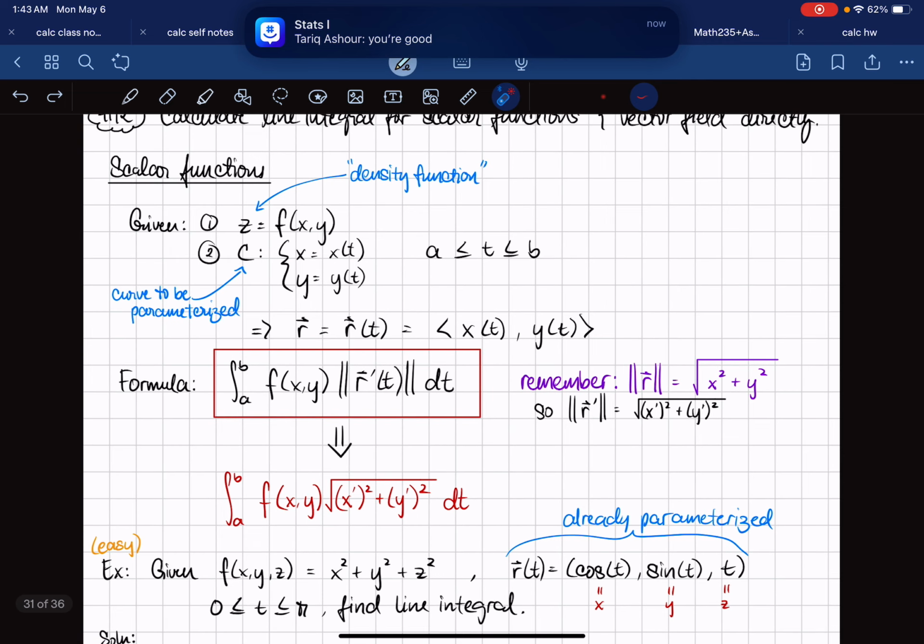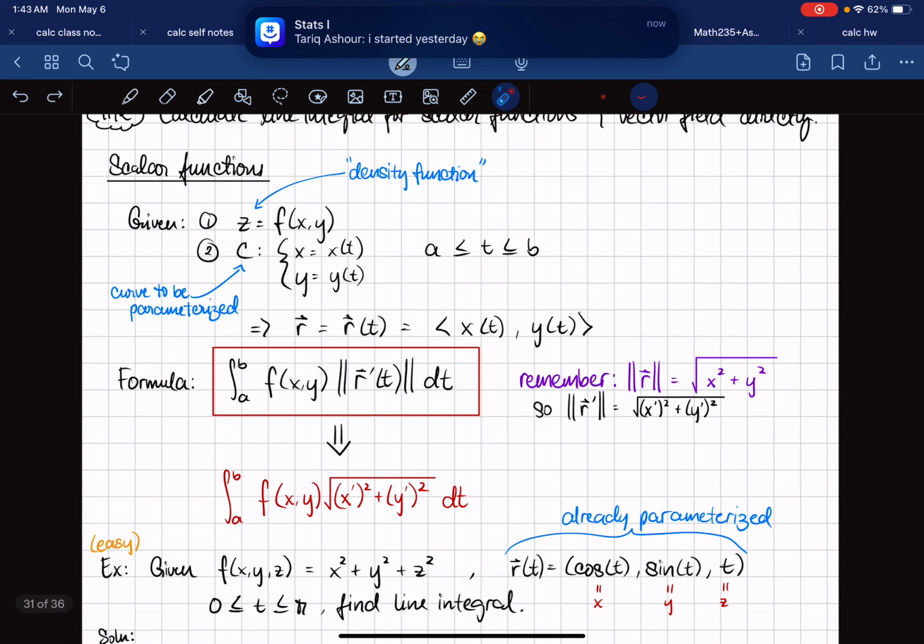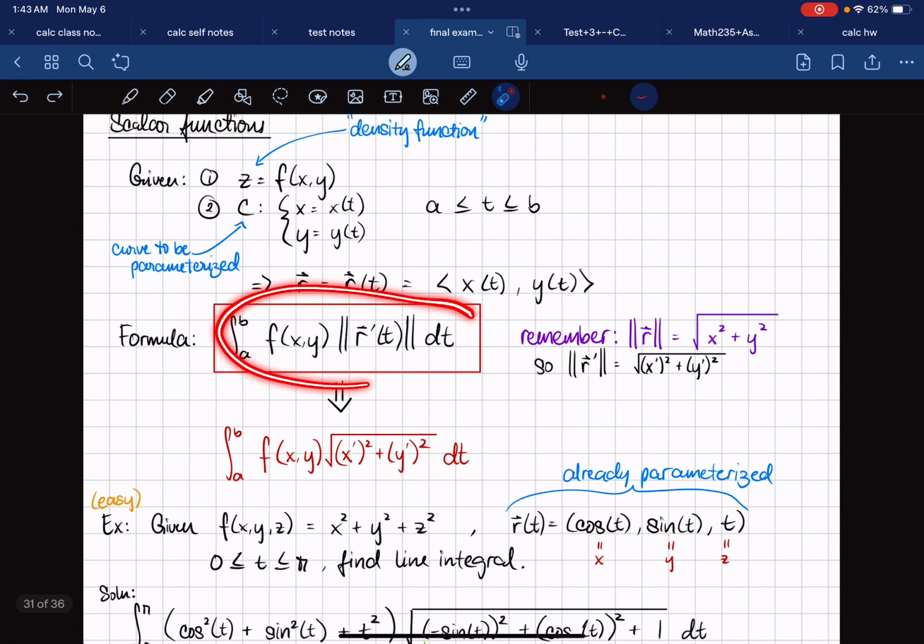So I noted here that C is a curve to be parameterized because sometimes it's given to us already as a parametric equation, already parameterized, and sometimes it's not. So we have to do a little bit more work. But our formula is right here.